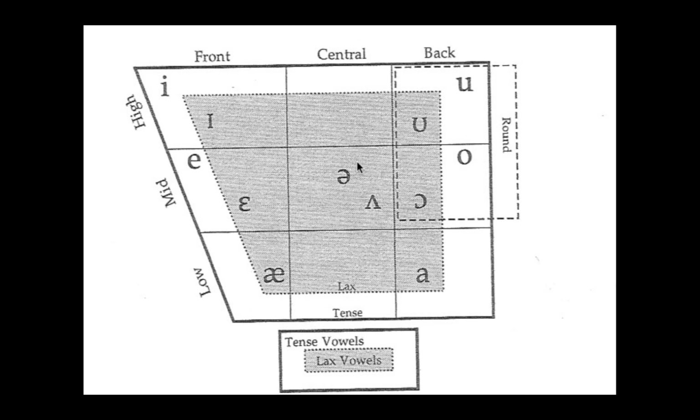And then we have the tongue that goes back further in the mouth. Notice that this is where the tongue is back further, but we also are rounding our lips. That's why this round is here. So if you practice in front of a mirror and you say ooh as in boot, you'll notice that your lips come around and start to shape together.